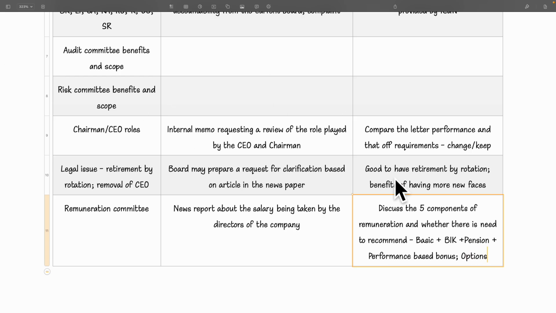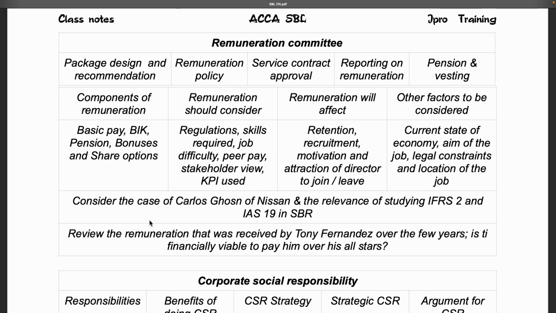So you may have to discuss which one is suitable for the company directors. It's possible that you get something like this.